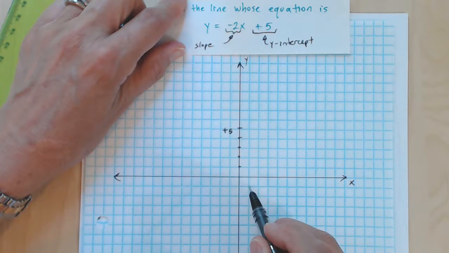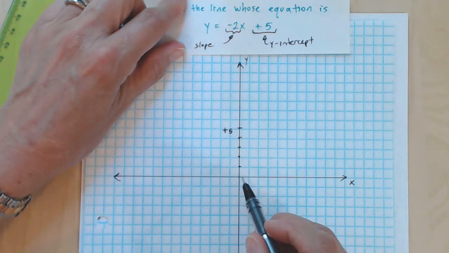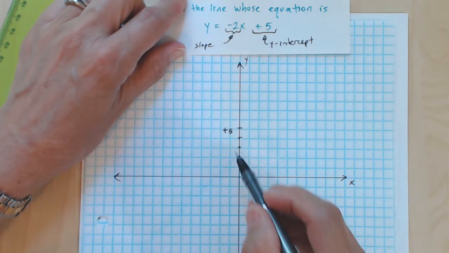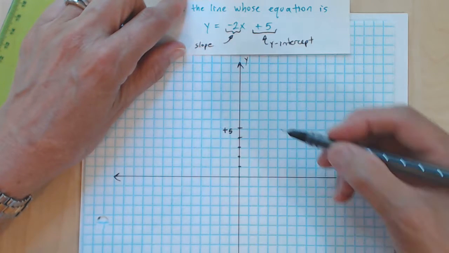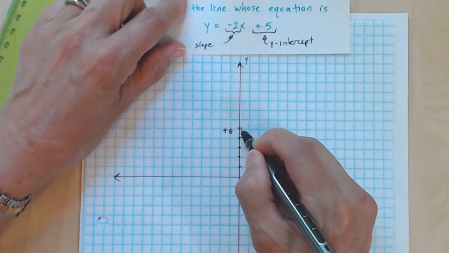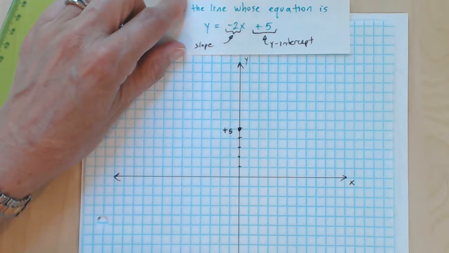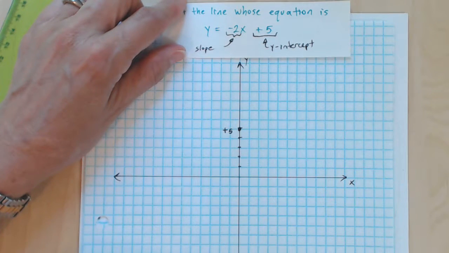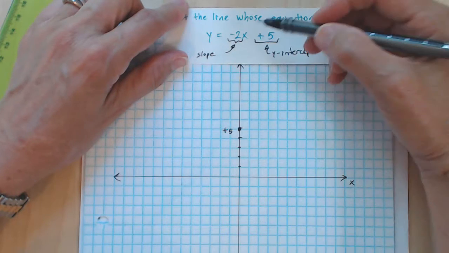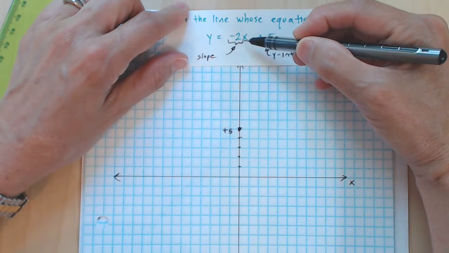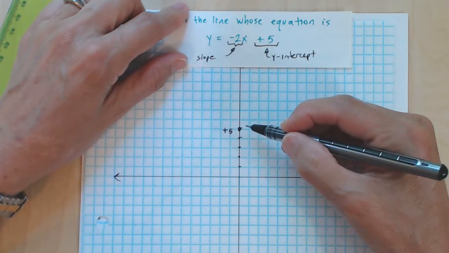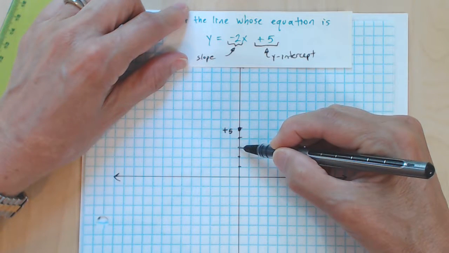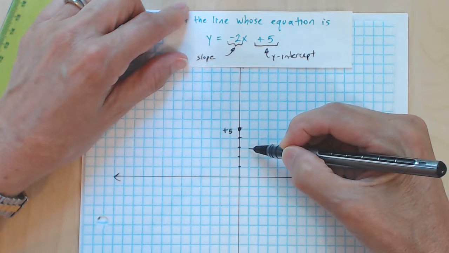But what I do have to do, and what you must do, is indicate the scale of your axis by writing at least one number. I've written the positive 5, so I'm going to put a dot to represent the y-intercept of my equation. Now from there I need to count a slope of negative 2, and we know that slope is rise over run, so that means I need to go down 2 over to the right 1.